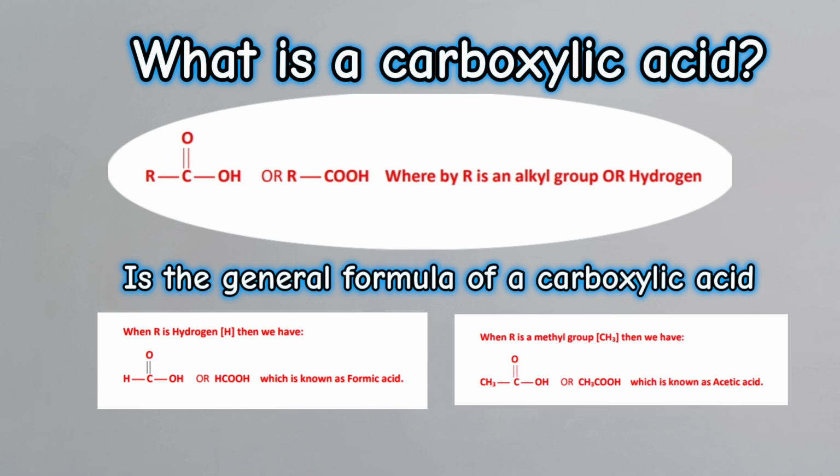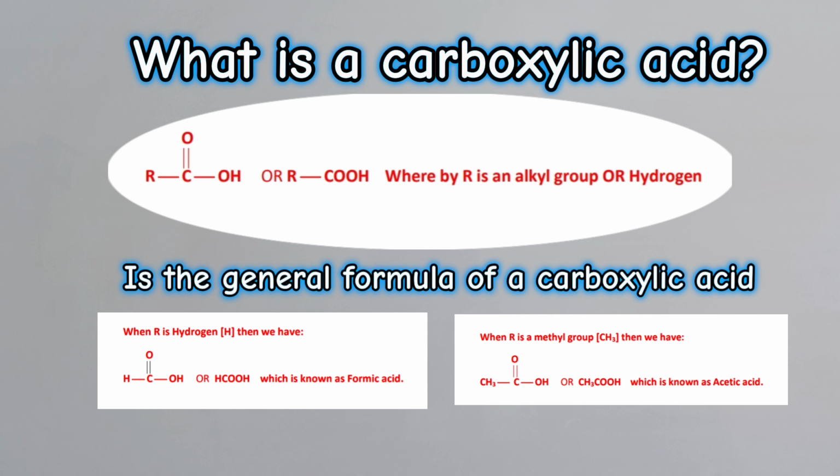And when R is a methyl group, then we have the carboxylic acid displayed there, which is commonly known as acetic acid.